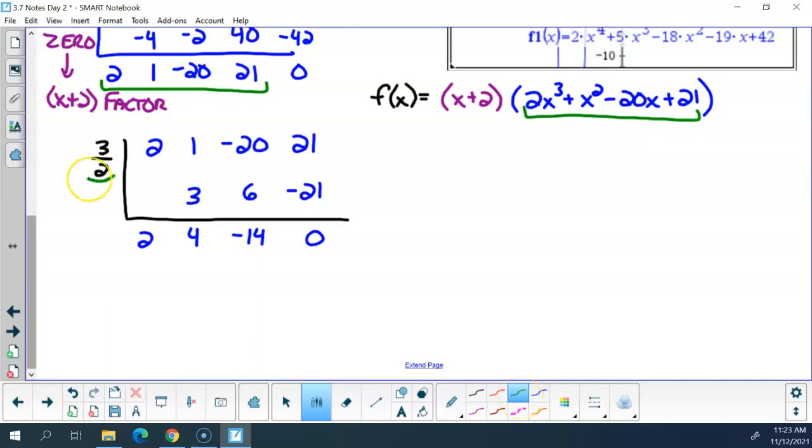So that means that 3/2 is a 0, and x minus 3/2 is a factor.